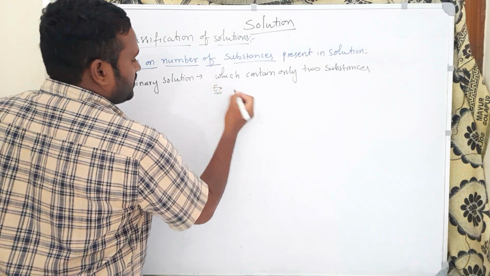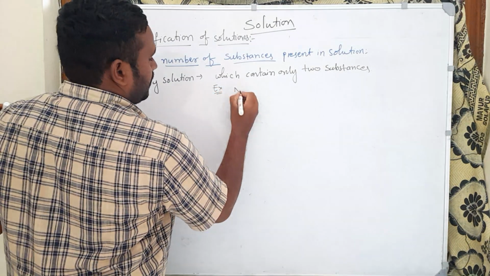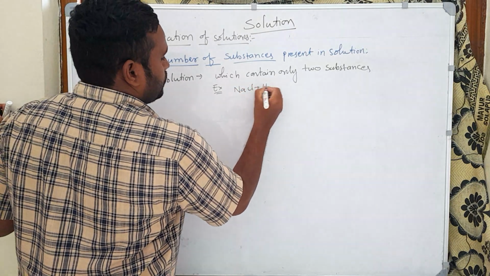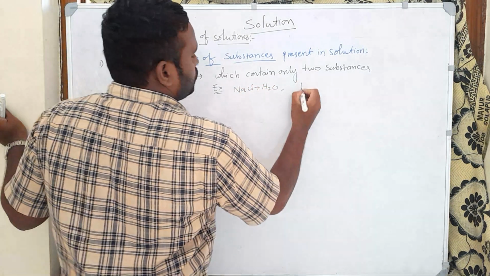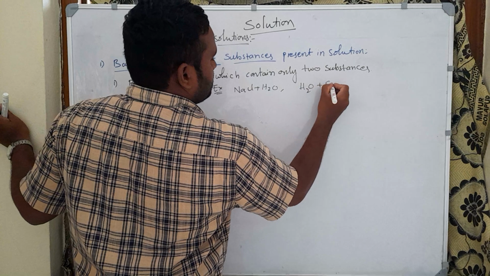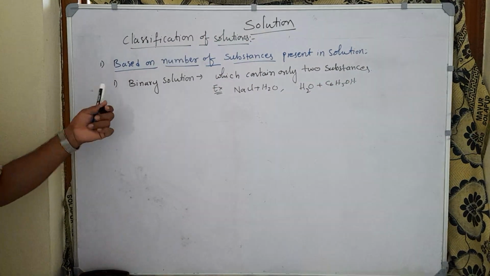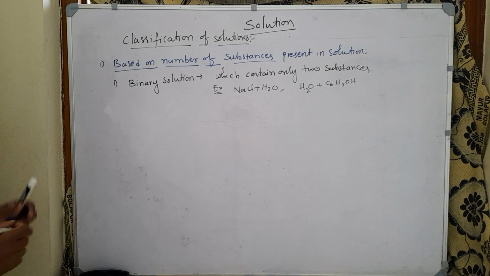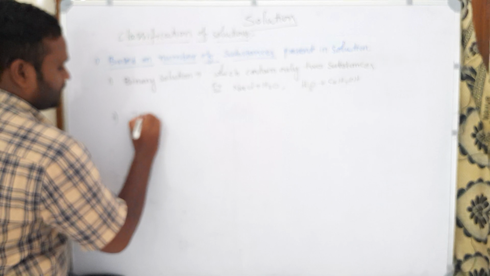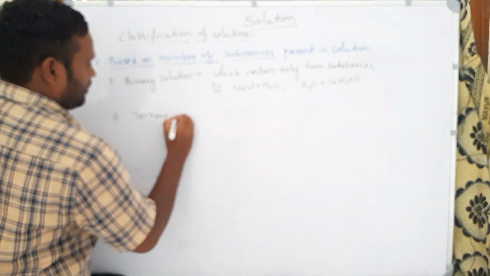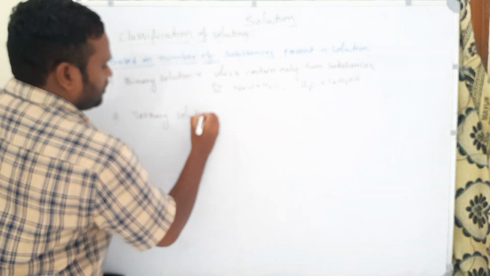Number of examples are there. For example, NaCl plus H2O, H2O plus C6H5OH, ethanol, etc. So this is a binary solution. And next, ternary solutions.